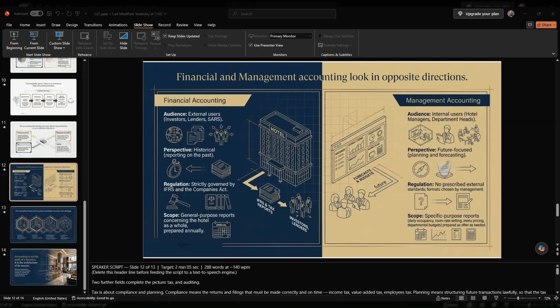If you can do that, you have understood Learning Unit 1 and you are ready for Learning Unit 2, where we build the vocabulary of accounting: asset, liability, equity, income, and expenses.